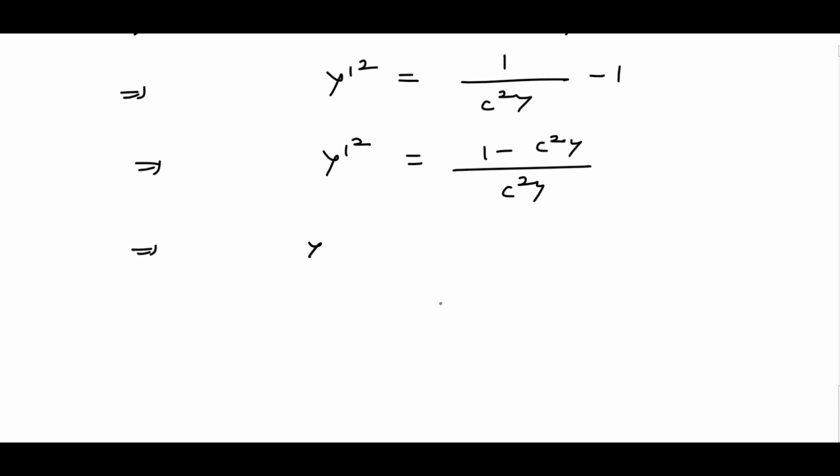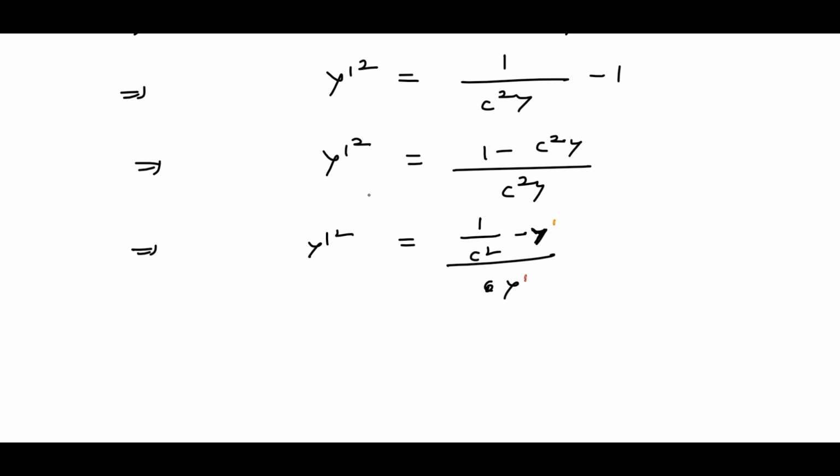So now divide the numerator and denominator by c square. We will get 1 over c square minus y over y. The degree of y is 1 here, and here also the degree is 1.